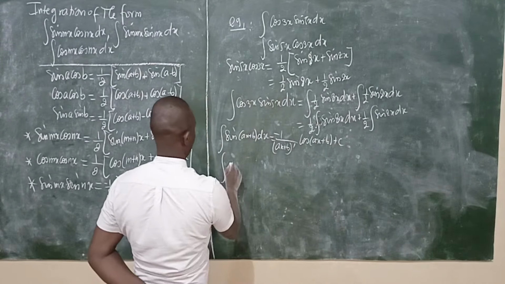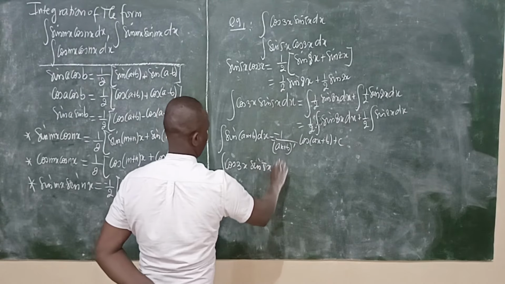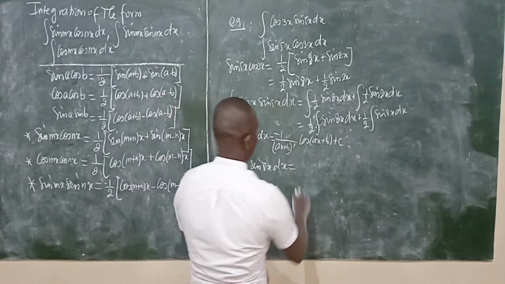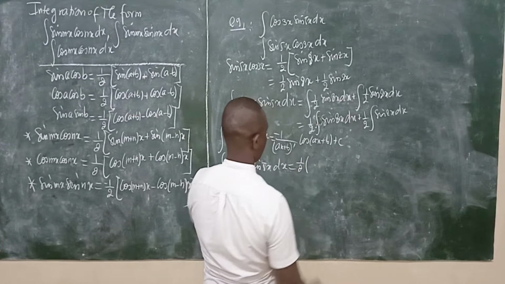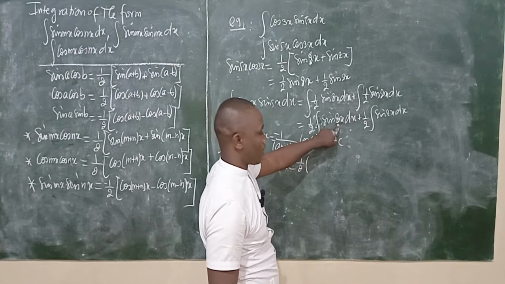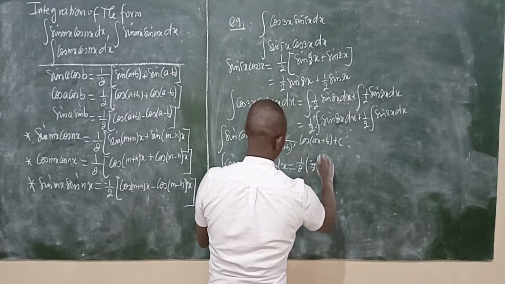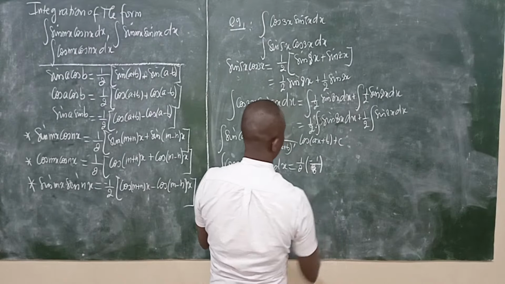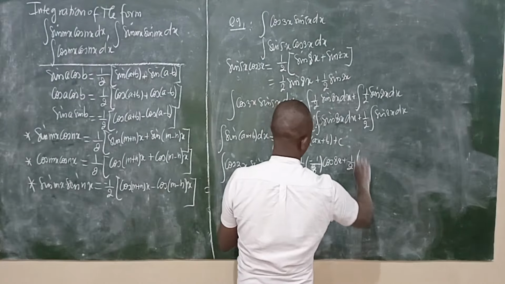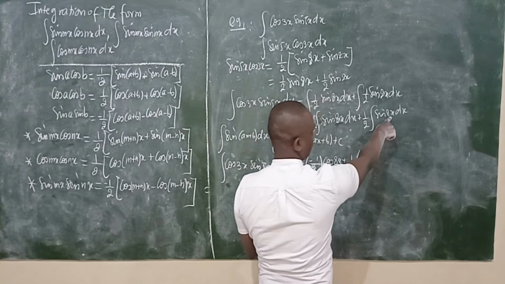So the integral of cosine 3x sine 5x dx will be equal to 1 over 2 times minus 1 over the derivative of 8x, that is 8, cosine of 8x, plus a half of minus 1 over the derivative of 2x.